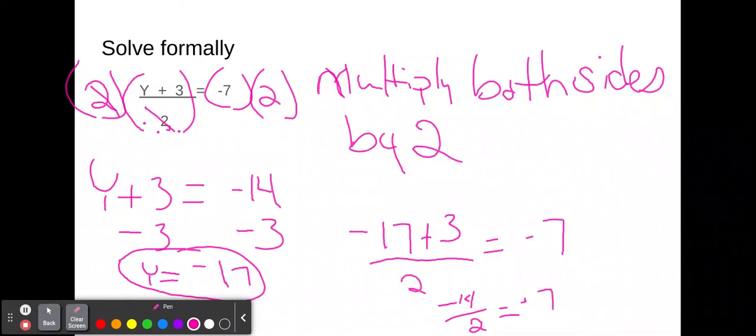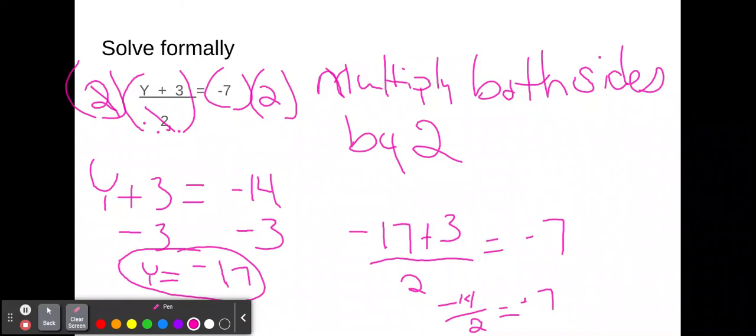So those are a few examples of solving multiple step problems. So again, go ahead and work on the worksheet, the practice problems, and maybe use a paper and pencil to show those steps and work those out, because I'm going to be asking you questions like, what do you do to both sides, or what's your first step?